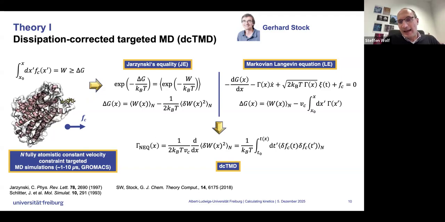And so with this, we have a way how, from an ensemble of non-equilibrium unbinding simulations, we can directly calculate a free energy of unbinding as well as a friction factor of unbinding.